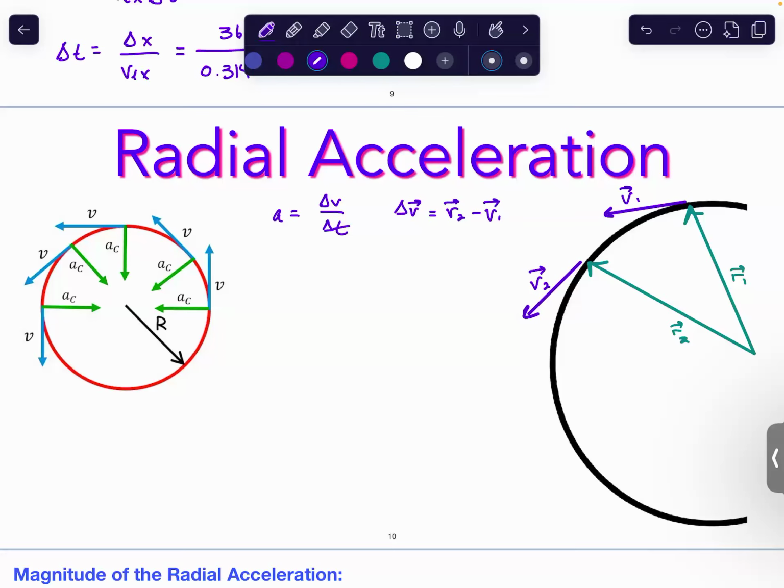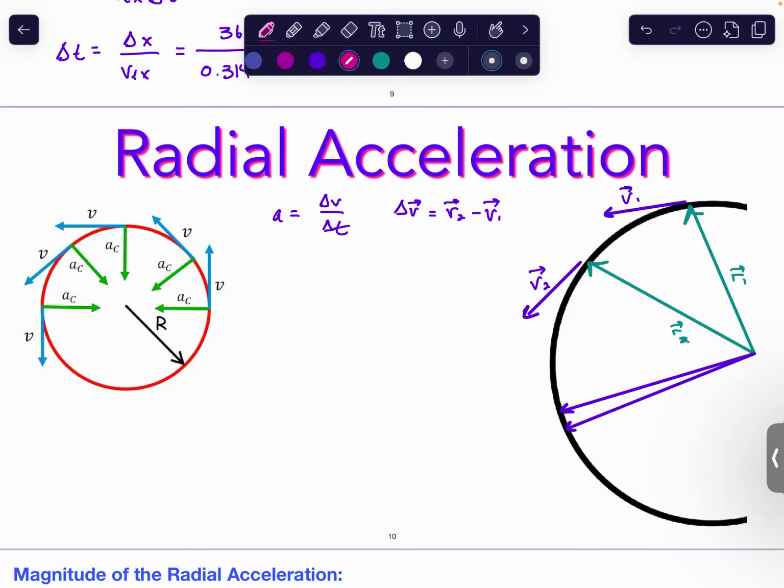But you notice here what we're really dealing with is a velocity vector at each individual point around the circle. So that means we're going to start thinking about this in terms of these radial vectors getting closer and closer to each other.